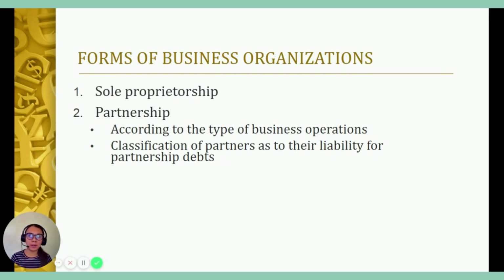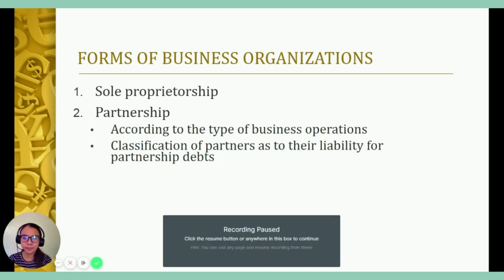A general partner is liable for partnership debts to the extent of his personal property after all the assets of the company have been exhausted. Say, for example, upon liquidation, the assets of the business are not enough to pay for the debts, then the personal property of a partner may be used to pay for the debt.